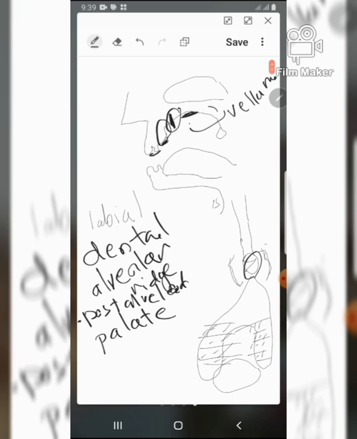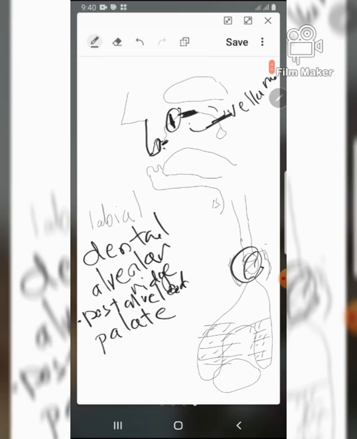Sorry for this, the board is quite difficult. So: labial, dental, alveolar ridge, postalveolar, palate, and velum, and we have the vocal tract here.